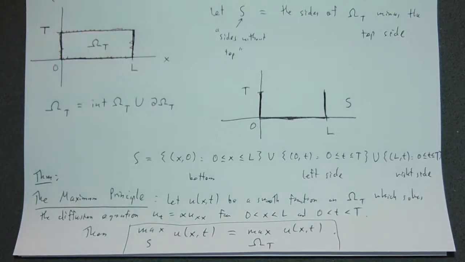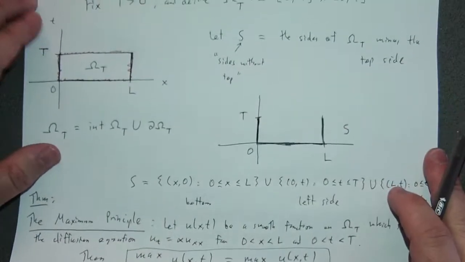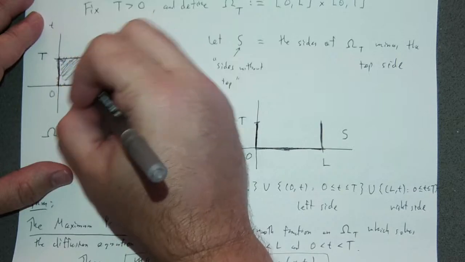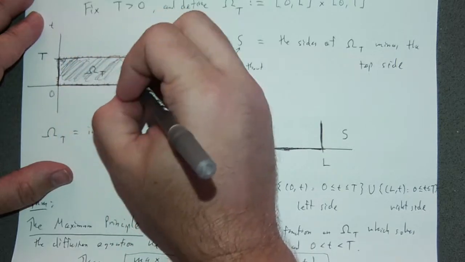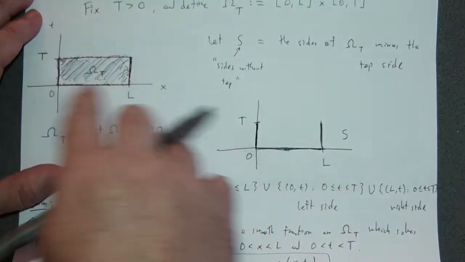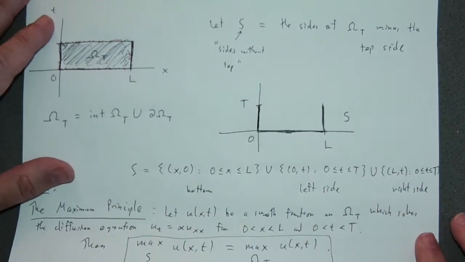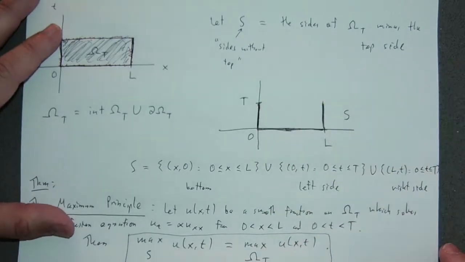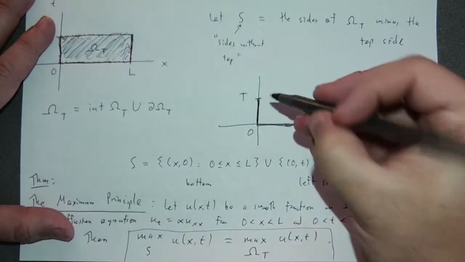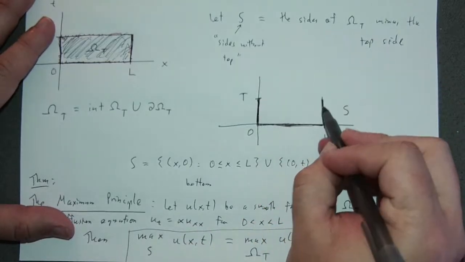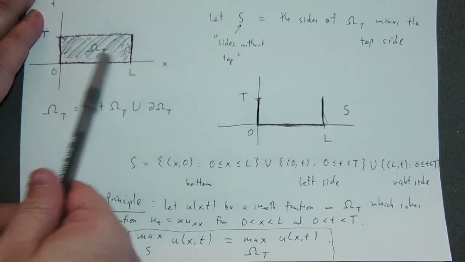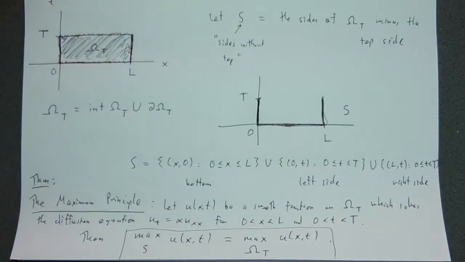So what does this say in words? It says that the maximum of my solution over this entire region, which is interior points and the sides, is actually obtained somewhere on this union of the three sides. So this maximum happens somewhere here, at some point on this set. It doesn't happen in the interior and it doesn't happen on the top.